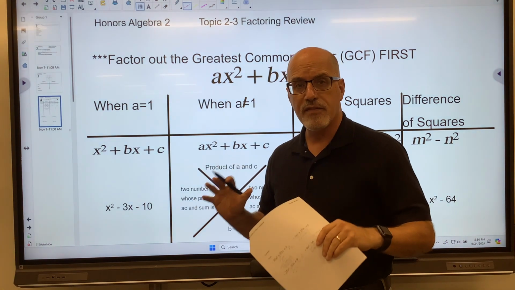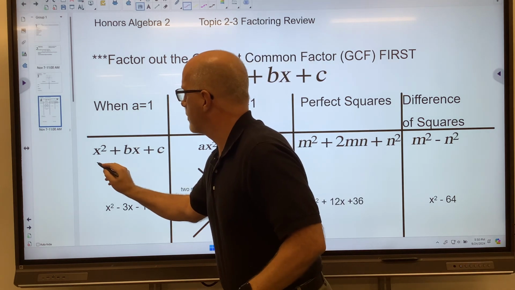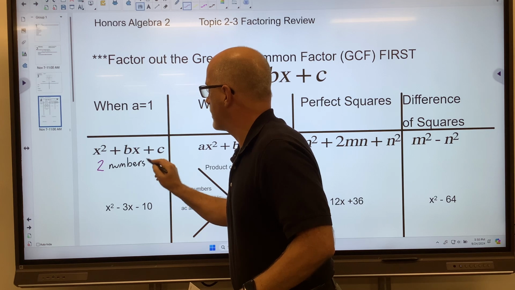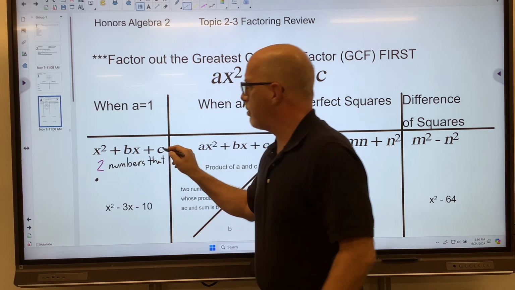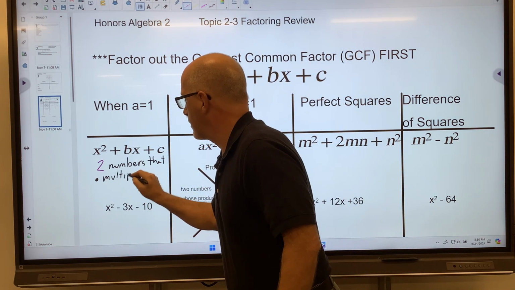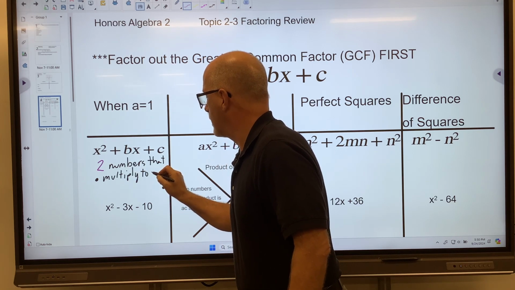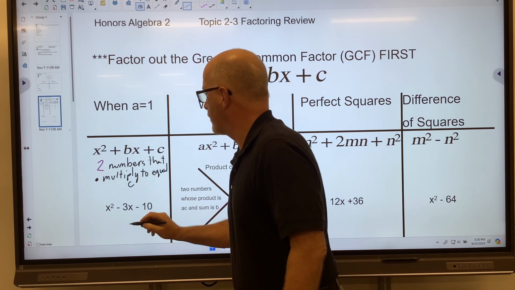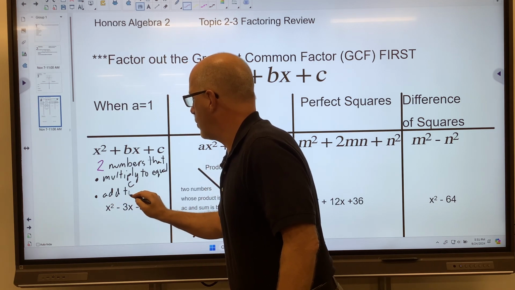It's a simplified version of these problems where you can just look for two numbers that first of all multiply to give you c, and that add to equal b.